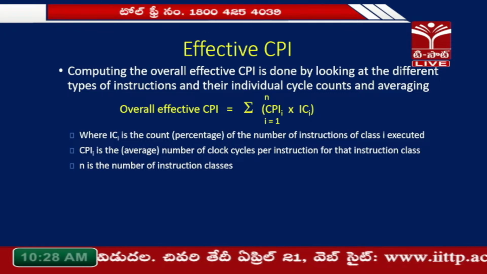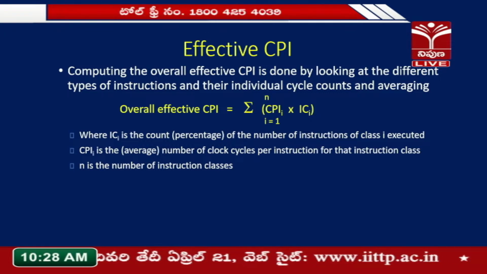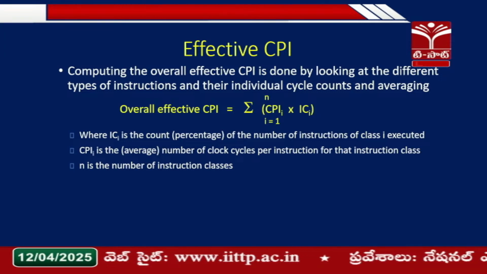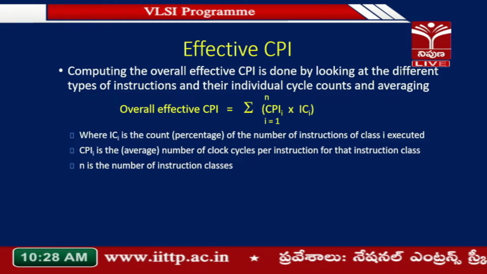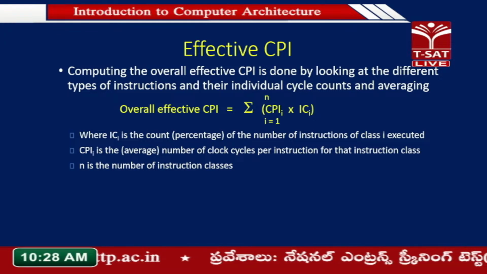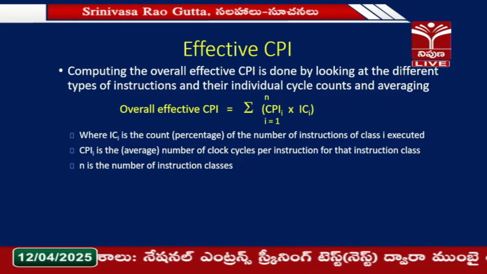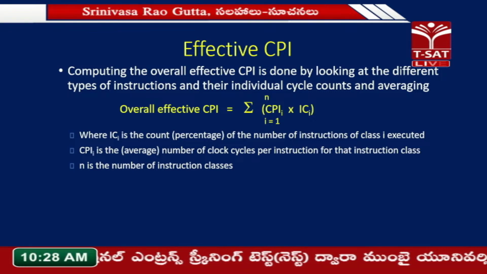So, the target is always getting the effective CPI to 1, because if it is executing 1 instruction per clock cycle, that is the highest efficiency that you are able to achieve in this case.